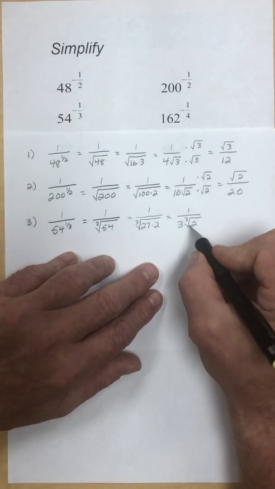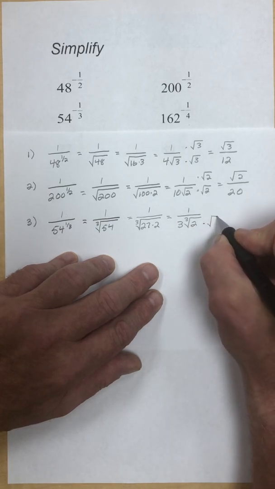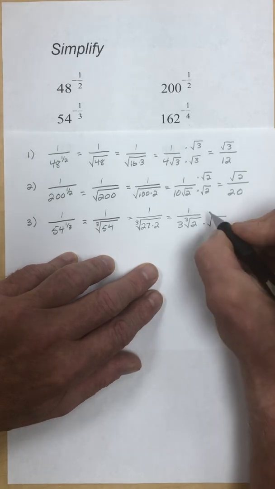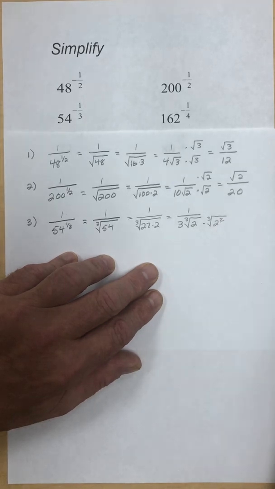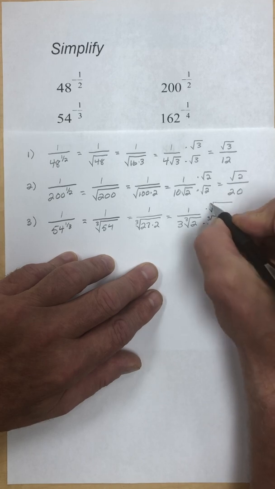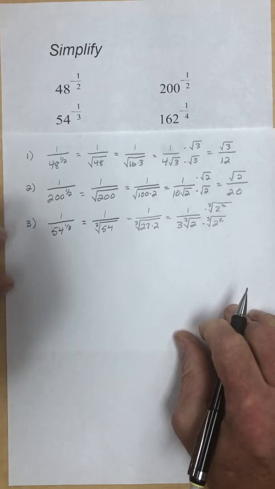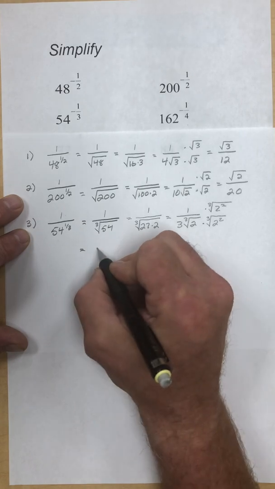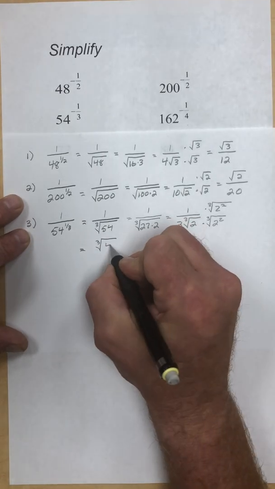Now I need to get rid of a cubed root. I need to rationalize that. So I need a total of 3 factors of 2 in the radicand. I have one of them, which means I need 2 more. So multiply below by that, and I have to multiply above by that. Up above I get 1 times that, so that's just the cubed root of 2 squared, which is 4.